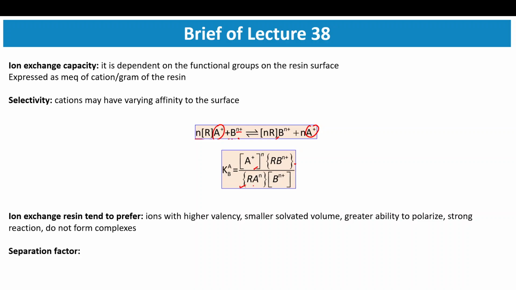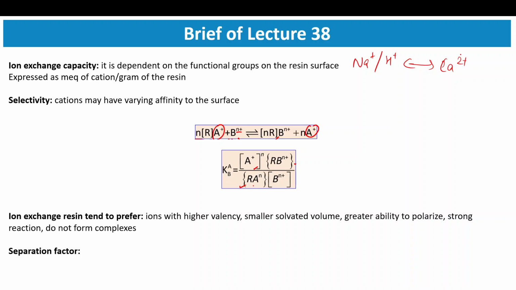Similar to the adsorption process, the ion exchange resin also has some capacity to exchange ions, because it depends on the amount of Na plus or H plus available with the resin, and it has to exchange with Ca2 plus. Here the exchange happens with different valencies.